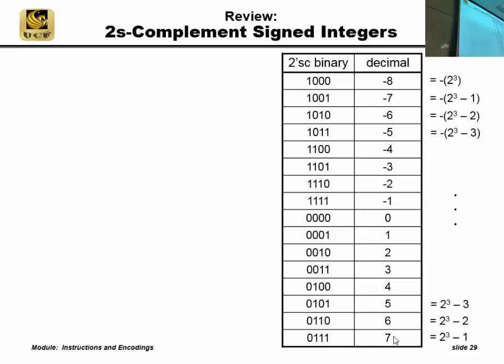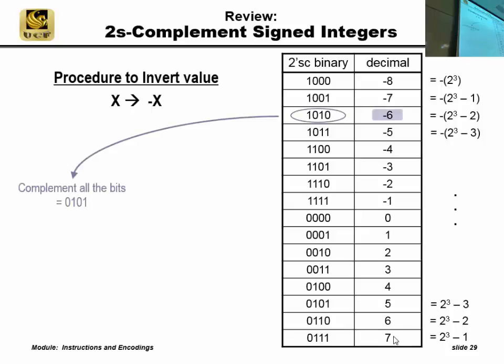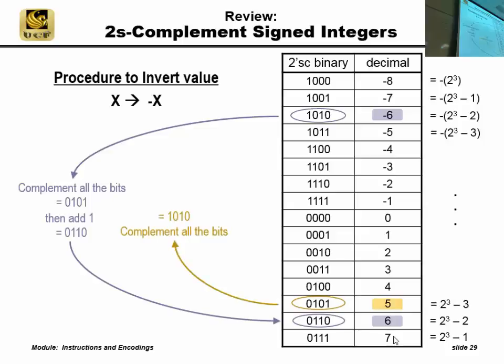How does it change? Well, if it's 2's complement, you have to take the number, invert the bits, and add 1. And you can go the other way, doing the same thing. Take the number. 5 is 0, 1, 0, 1. Complement, add 1, and you get negative 5.